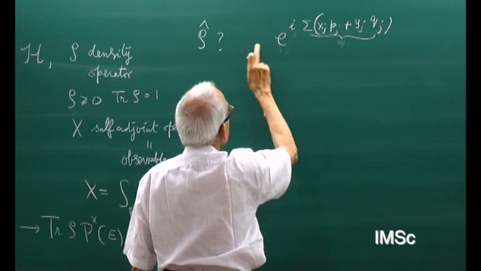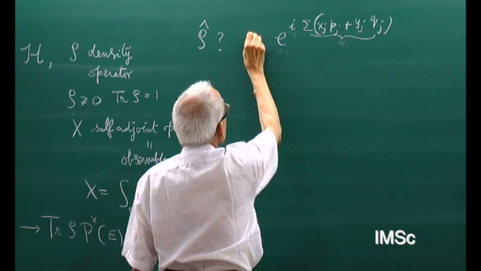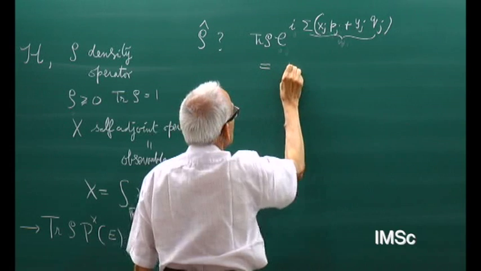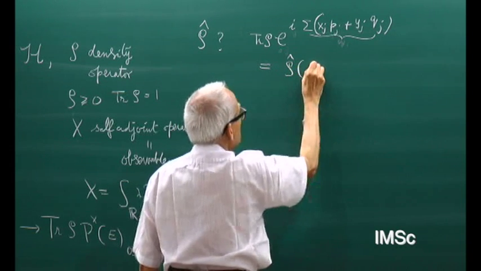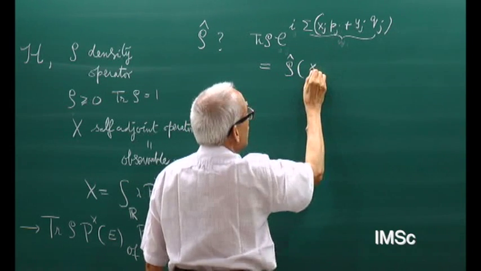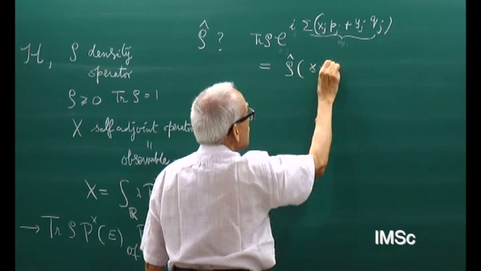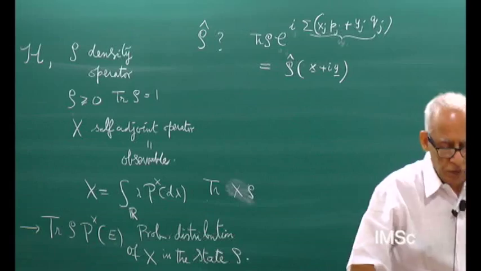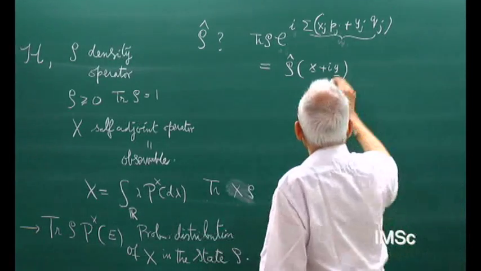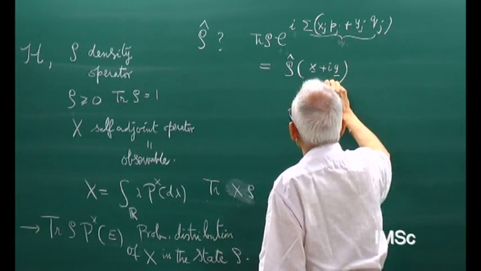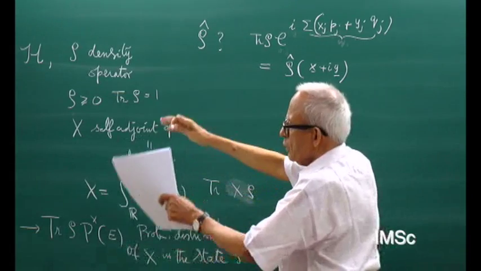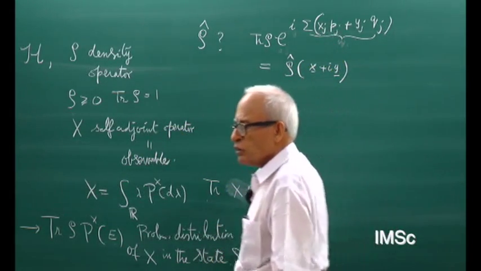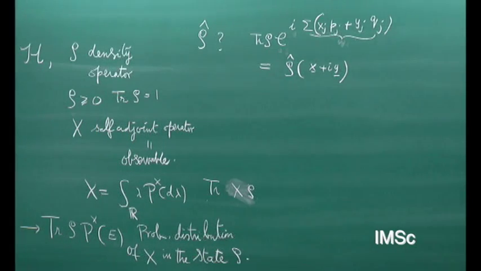So you can imagine the trace of rho times this, and you can call this rho hat of the variables x, y, or you can combine the two and call it x plus i y, so that you have n complex variables. So whether you can construct such a Fourier transform and execute the same classical program with this kind of Fourier transform, that is the basic problem.